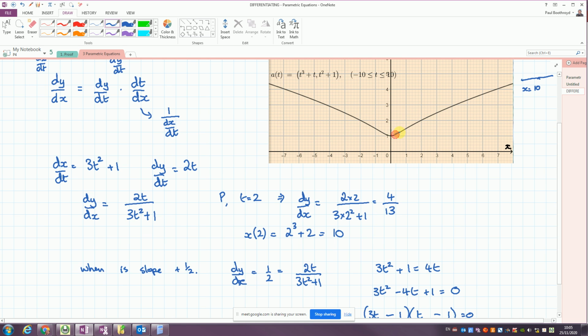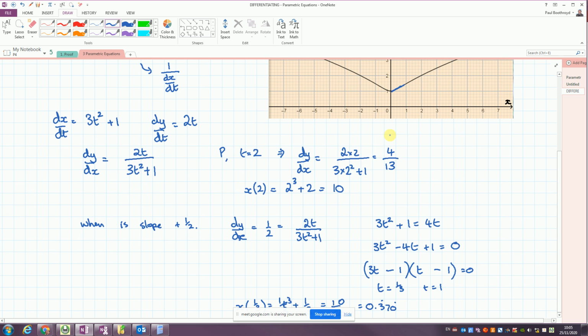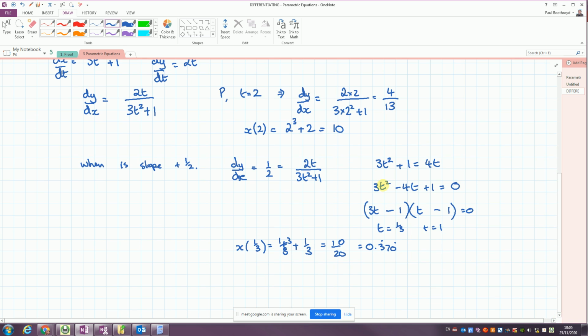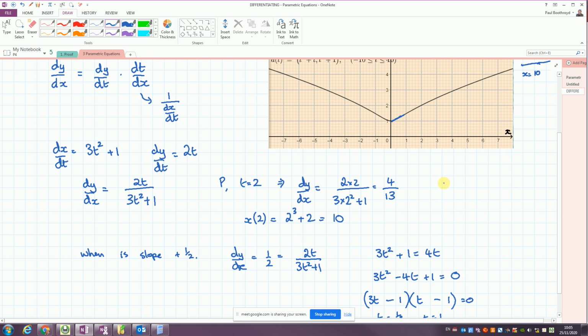So it's saying that is a gradient of 1/2. And when t is 1, we get 1 cubed plus 1, which is 2, and it says that there's another point here where the gradient is 1/2, which suggests to me that there is a slightly steeper gradient in between, and then it changes going between these 2 points.